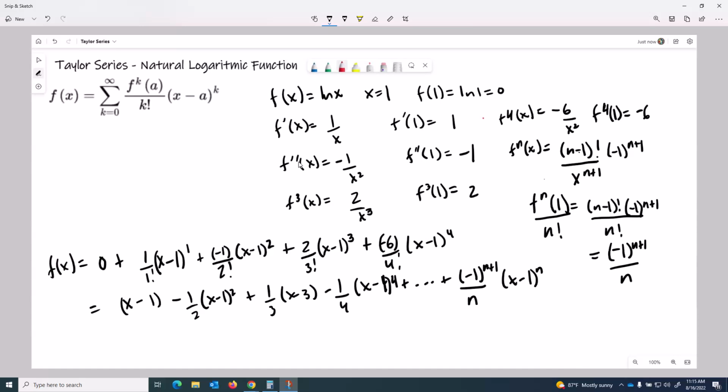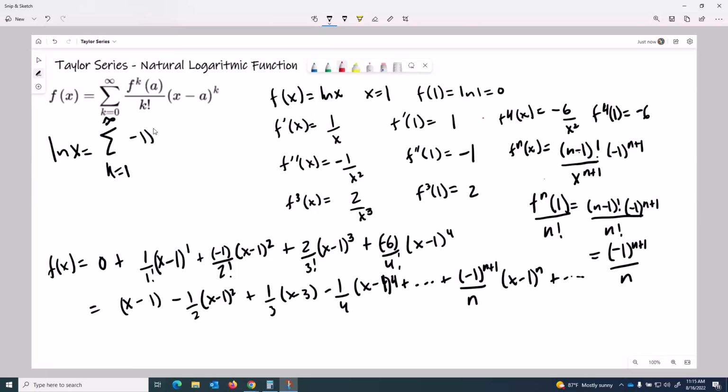So if we write our Taylor series of the natural log function, that's going to be natural log equals the series summation from k equals 1 to infinity, because in this case we just reindexed it again.